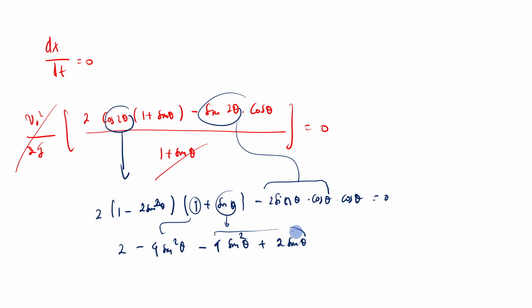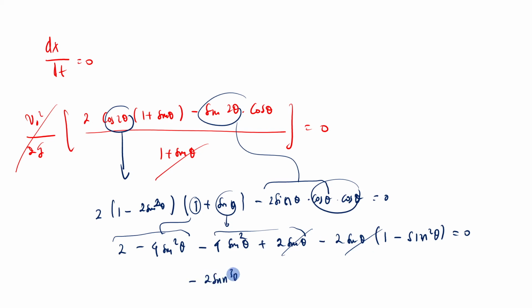This is the term, okay, and this gets 2 sin theta, whereas this is cos theta squared, and we can substitute it by 1 minus sin theta squared, of course, equals 0, and we can simplify this term by erasing this value, and so we get 2 minus 2 sin theta cubed minus 4 sin theta squared plus 1 plus 2, sorry.